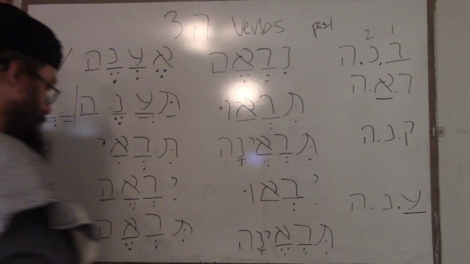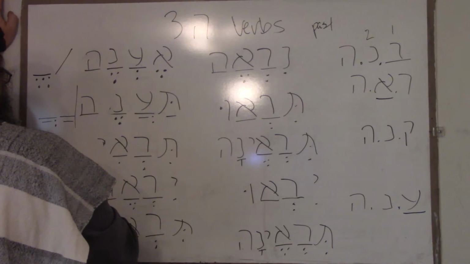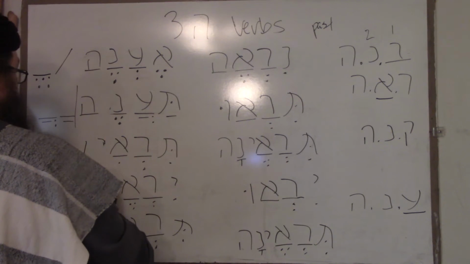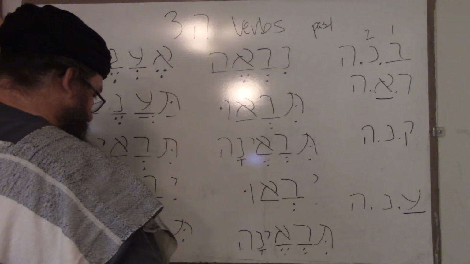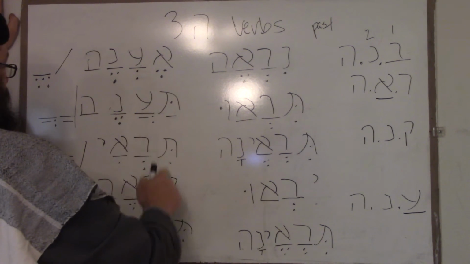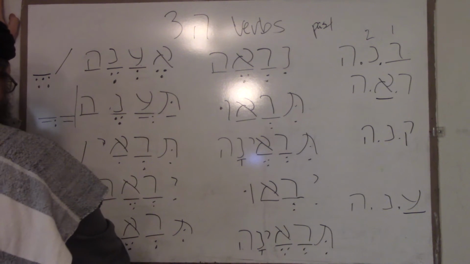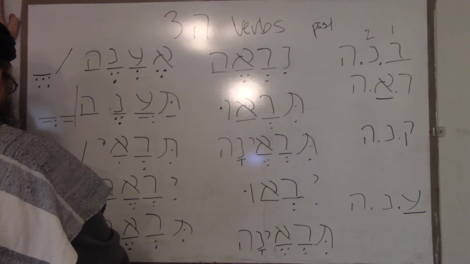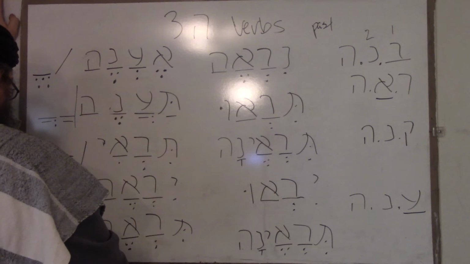Alright? The same thing is going to exist in the next set. When we go down to each of these, as we go down, we're going to see, because they have the shawah here, we're going to have to replace each of these with that vowel.